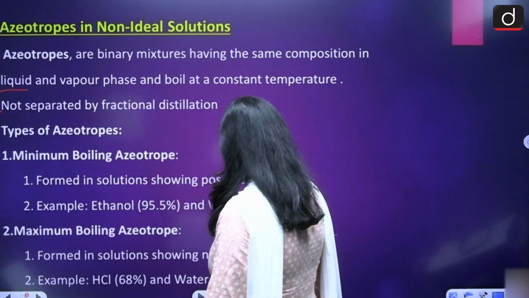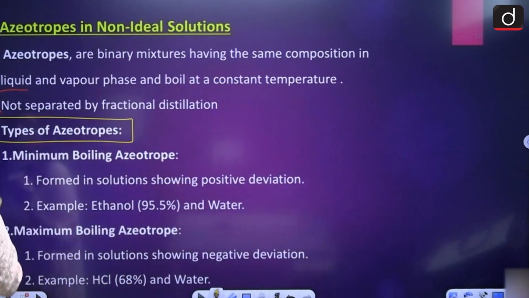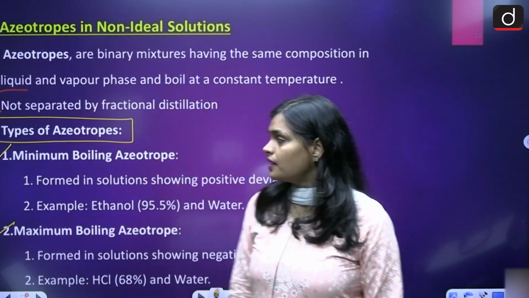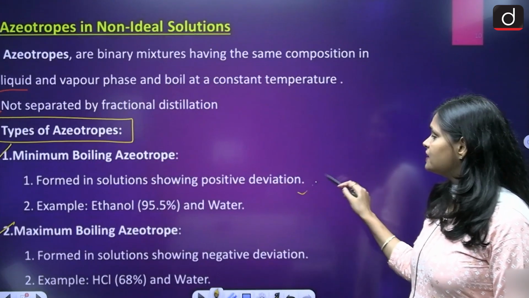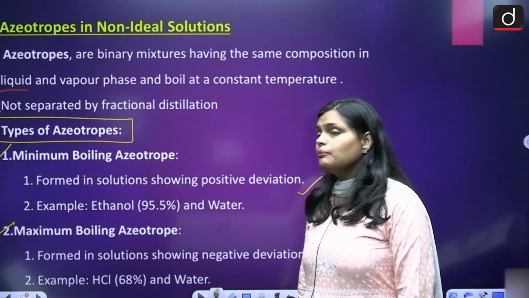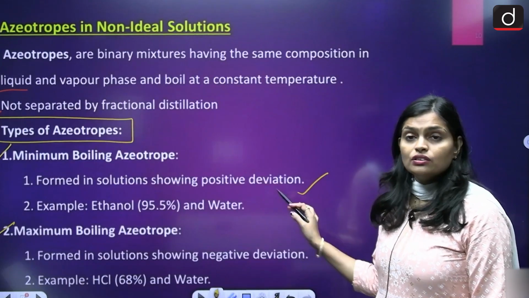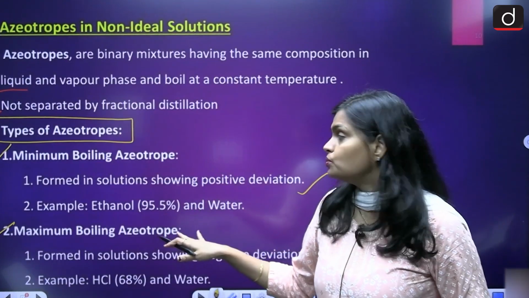Now what are the types of azeotrope? Basically, minimum boiling azeotrope and maximum boiling azeotrope. Any solution which you will boil at a constant temperature, simply. So now we have a minimum boiling azeotrope formed in a solution showing positive deviation, right? So whenever positive deviation is happening, then you will say that there you have a minimum boiling azeotrope.